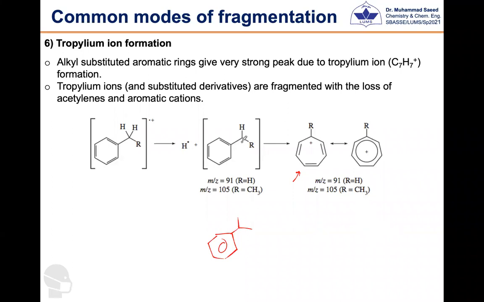So the charge will be created at this position, and then one of the bonds in the 6-membered ring will be broken, and it will expand to a 7-membered ring. It is still aromatic because of 6 pi electrons; although there are 7 members, there are 6 pi electrons, so that is pretty much an aromatic system, and that is one of the stable ions in mass spectrometry.